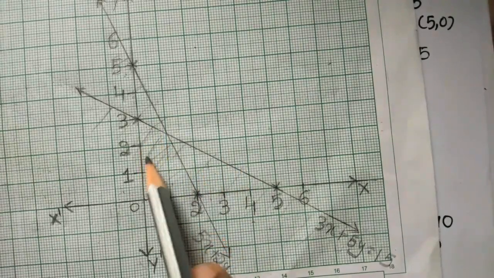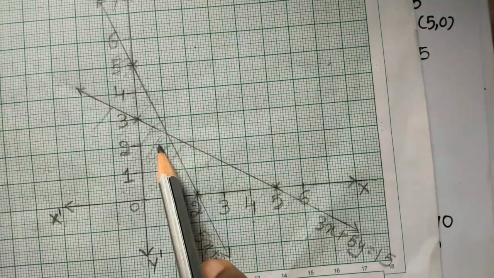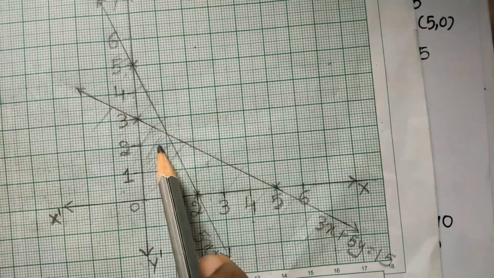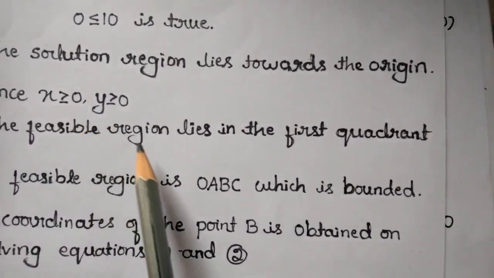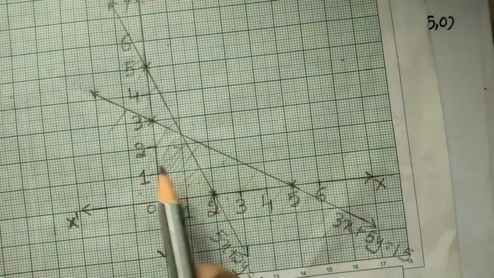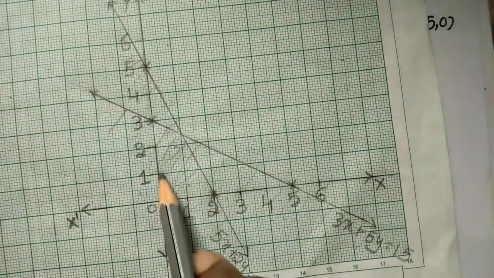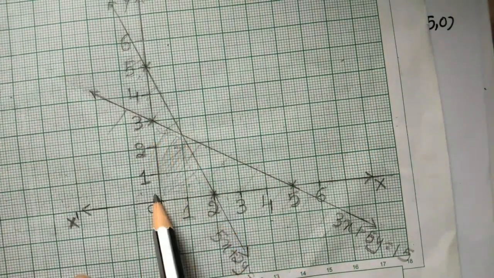This is the only region satisfying both of the inequalities. This is the common region. And also we have the non-negative constraints, which say that the feasible region lies in the first quadrant. We restrict this feasible region to the first quadrant only.